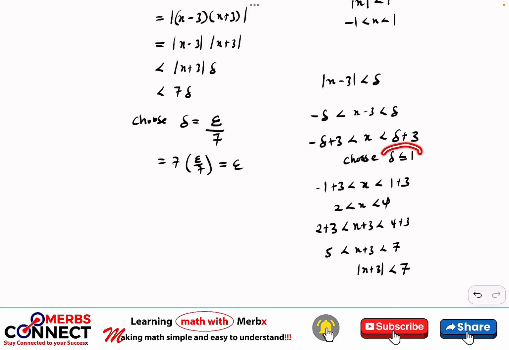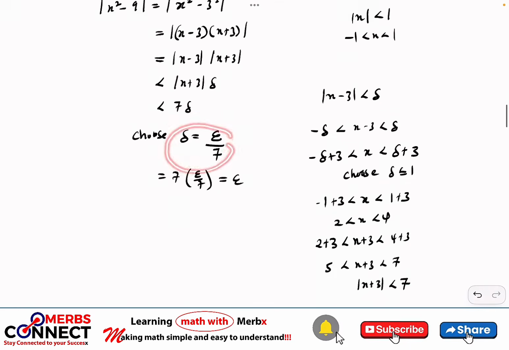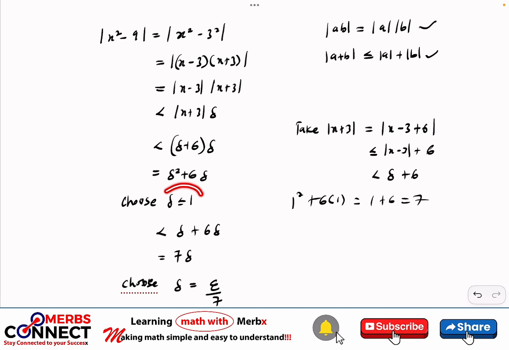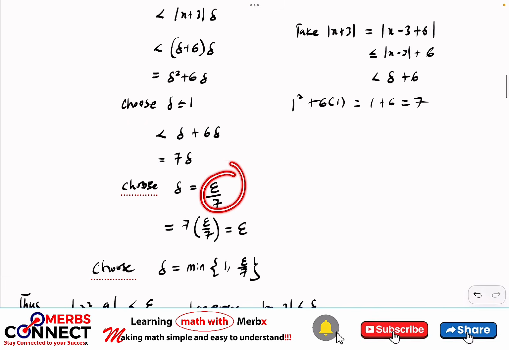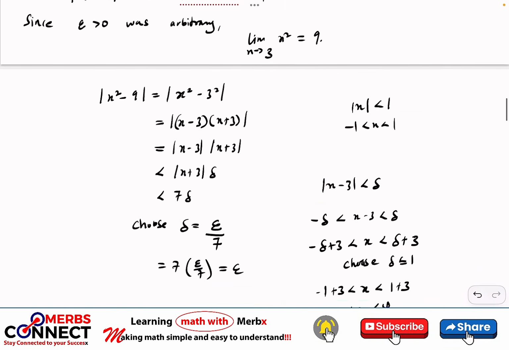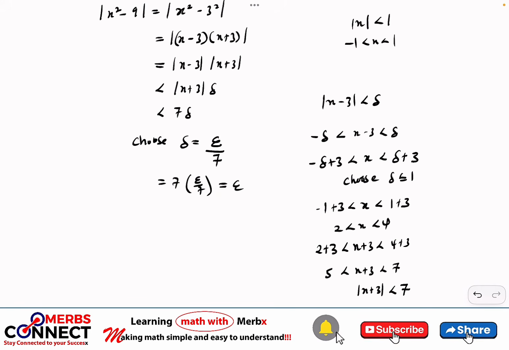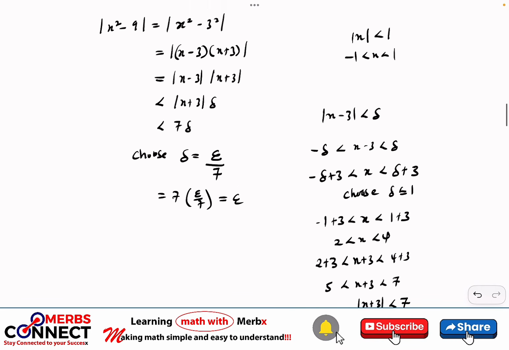So we chose delta to be less than 1, and we chose delta to be epsilon over 7. And when you look at this one too, we chose delta to be less than 1 and epsilon over 7. So no matter the approach that you pass through, you should be able to get the same results.